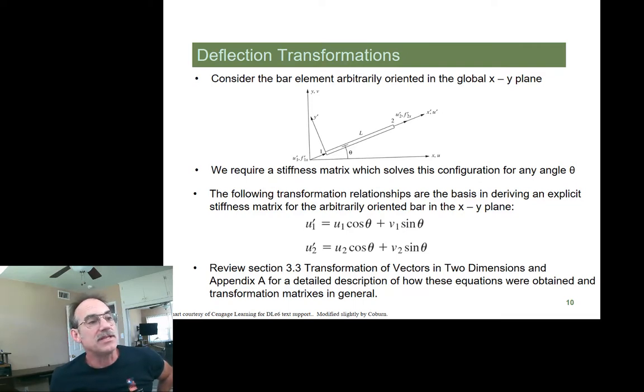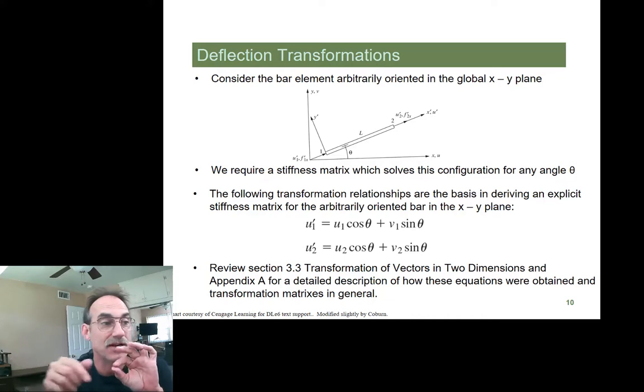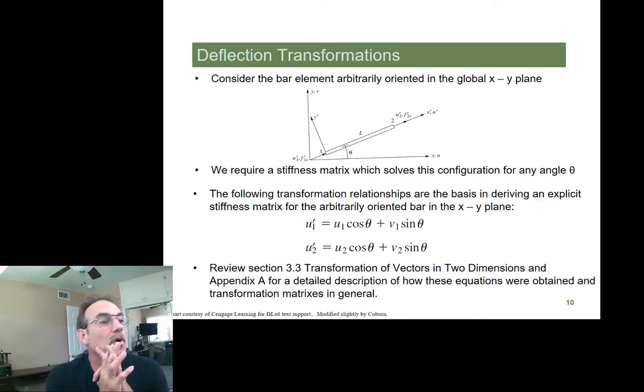Therefore, if we take the position of node 1, the global u and v coordinates, u is like an x direction and v is like a y direction. So in our global coordinate system, we have dimensions u and v, and each of those times the sine or the cosine will give us the location.